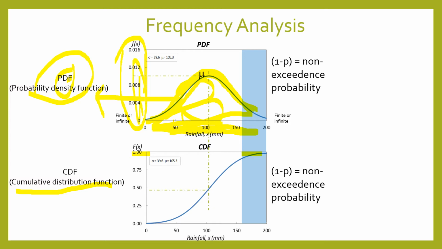So this is important, because this cumulative probability is where we get our return period, or for Malaysia we use ARI.